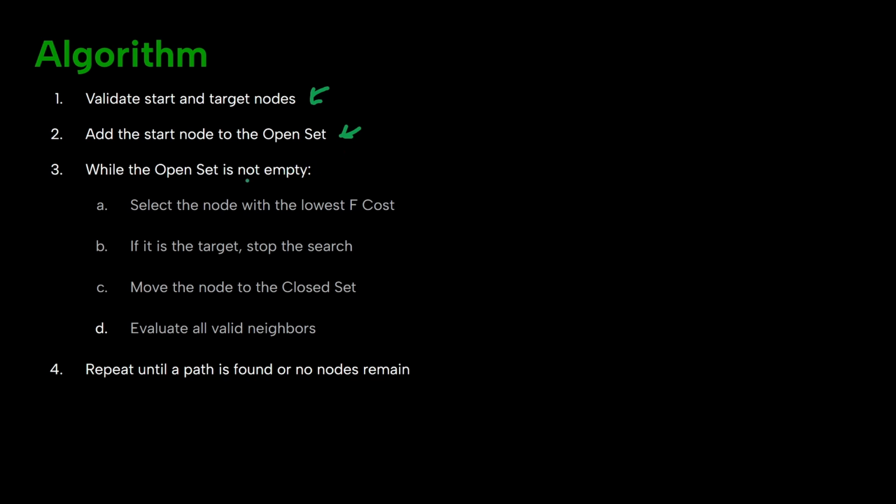And then we have to keep looping over the open set, and until it is empty, we have to check these steps. First we select the node with the lowest F cost, because the open set is implemented as a priority queue.